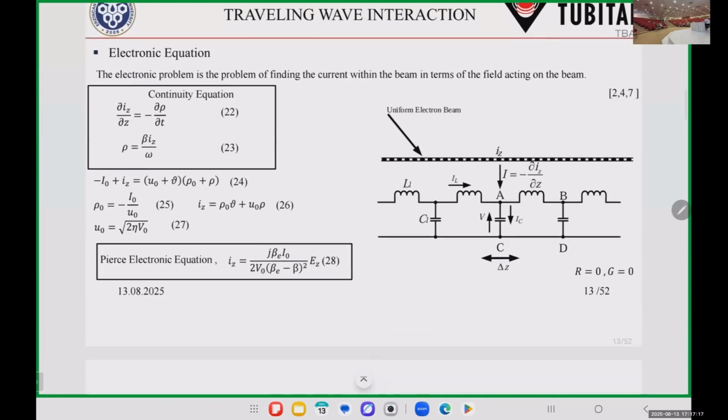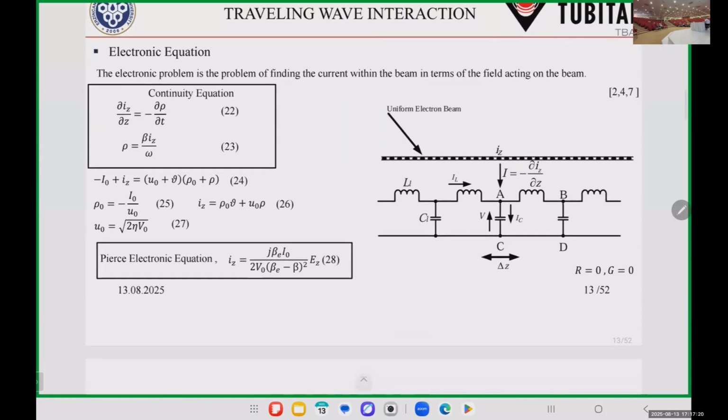And if we neglect some of the equations with the small signal assumption and apply the equation of conservation of charge to obtain AC linear charge density in terms of beta and Iz, then we can write equation 28.